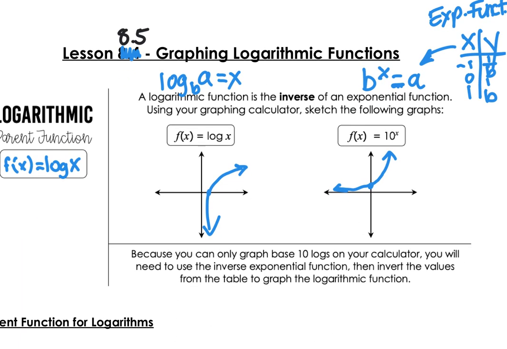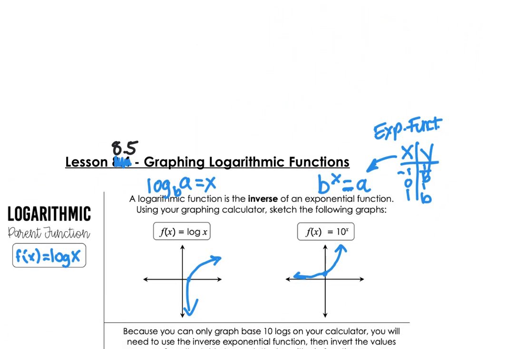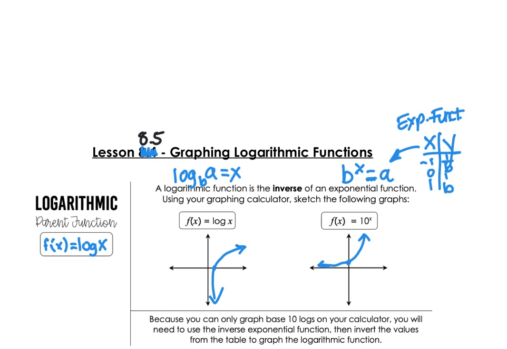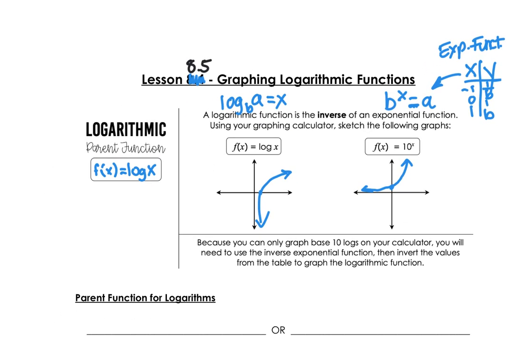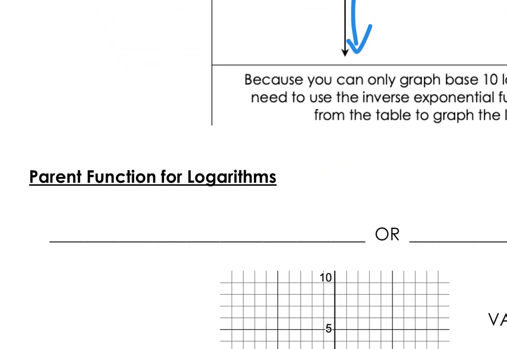Now it says, because you can only graph base 10 logs on your calculator, you will need to use the inverse exponential function. Then invert the values from the table to graph the logarithmic function. So I already gave you those values for the exponential function. Since the log graph is the inverse, we will be inverting those values, which you will see in a minute.